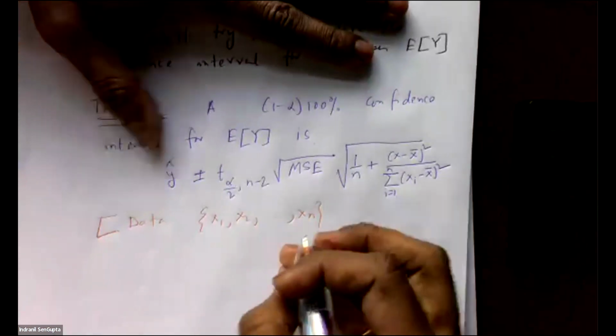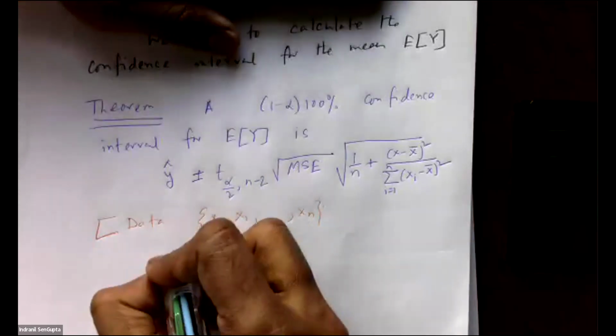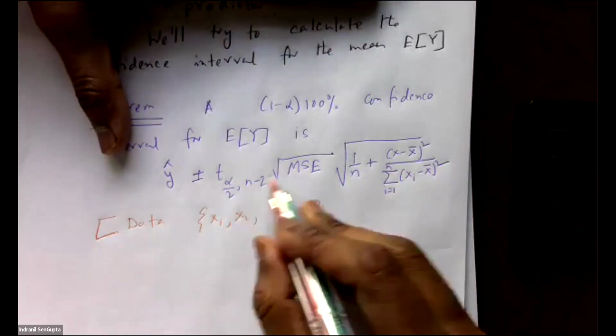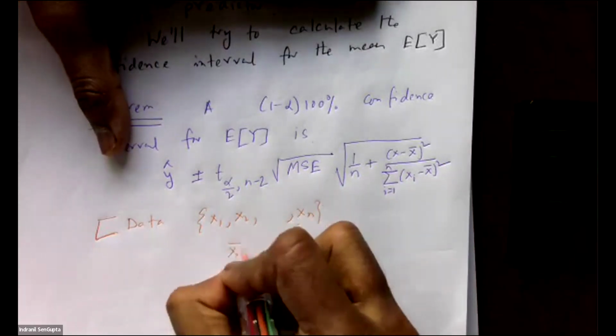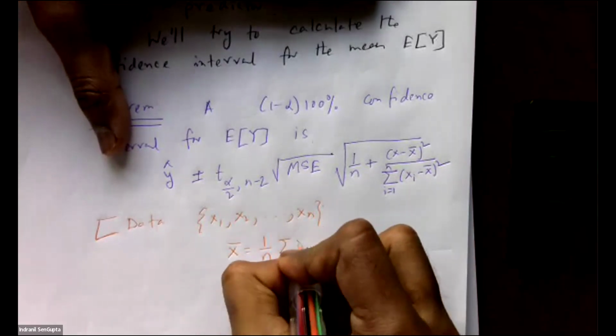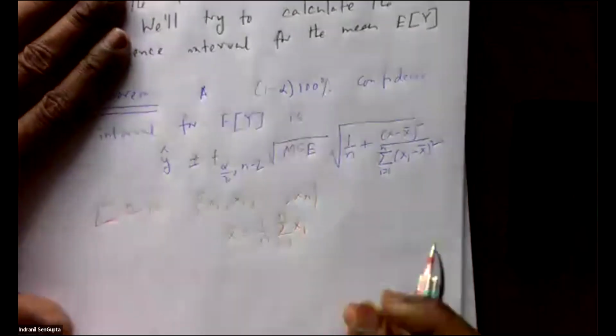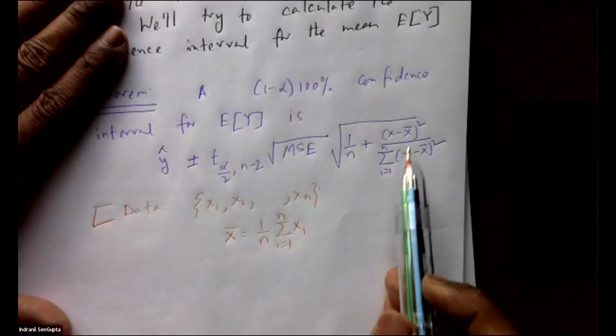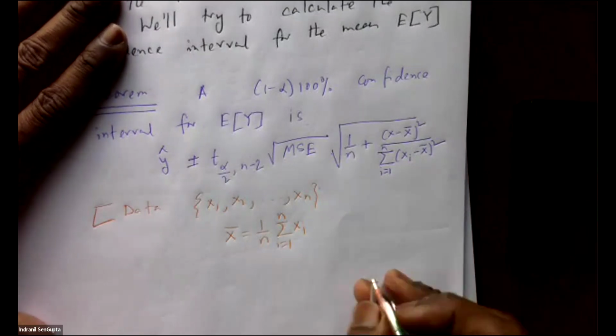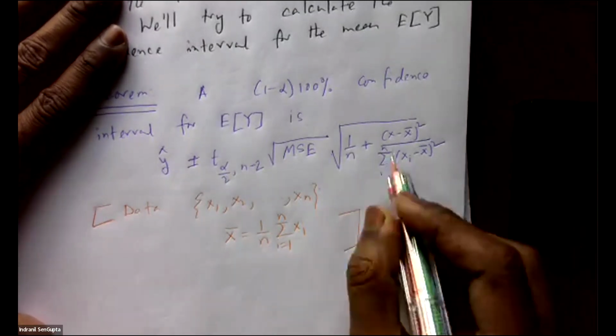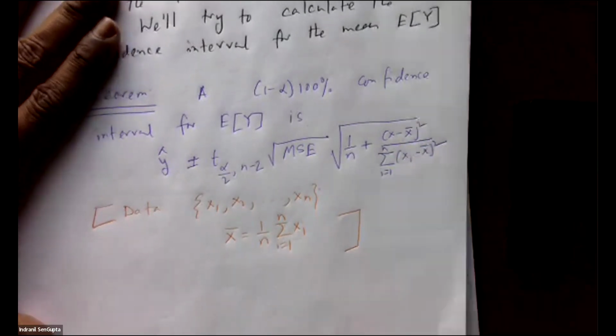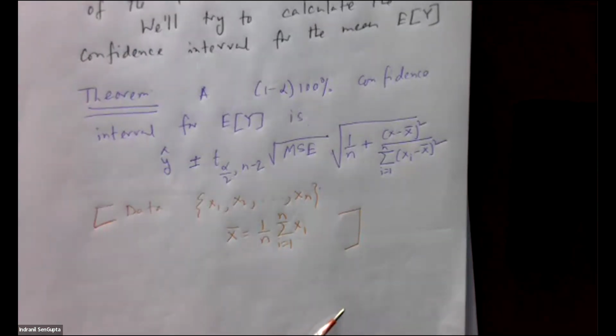So this x may not be a part of that one. x bar is really 1 over n summation xi, i from 1 to n. So x can be one of these xi's or x can be something else. In other words, this x may be something completely different. We're just trying to compute the value corresponding to this one.